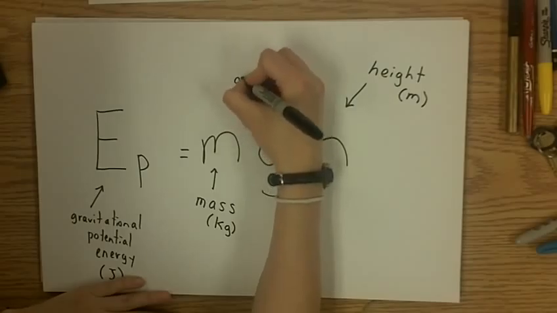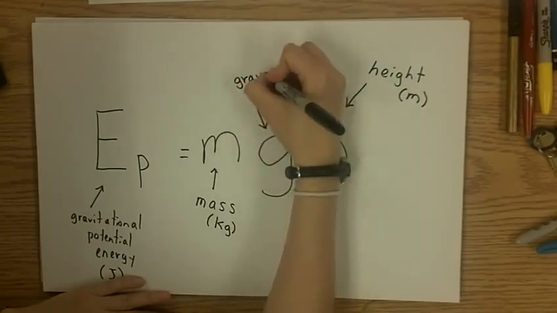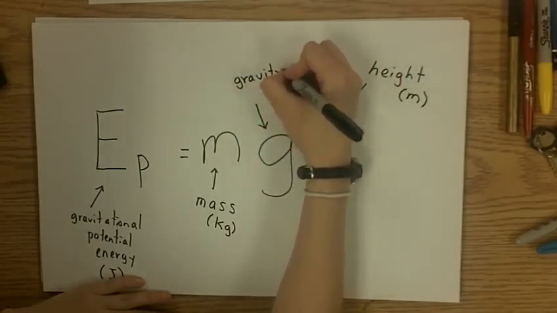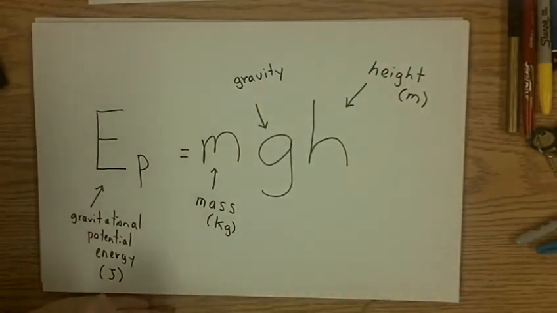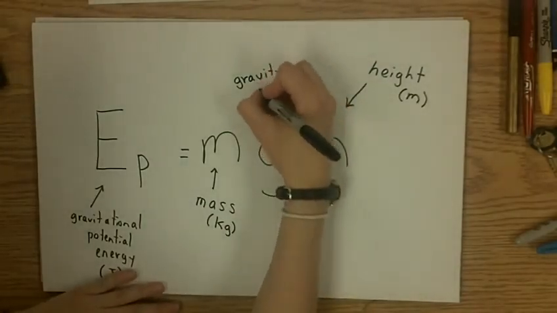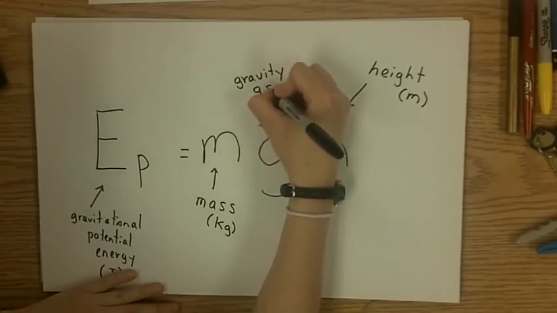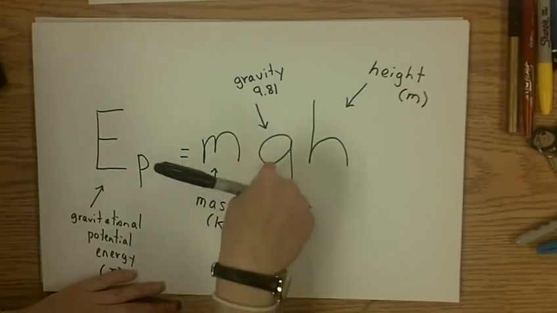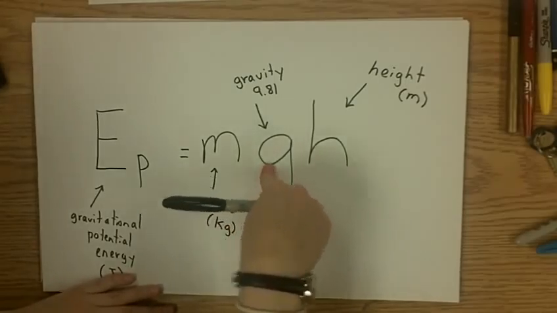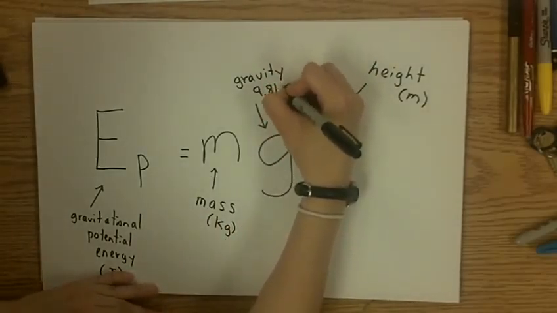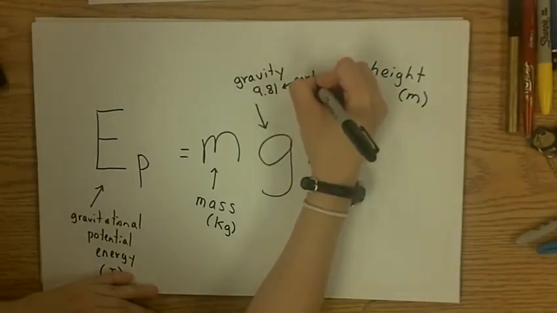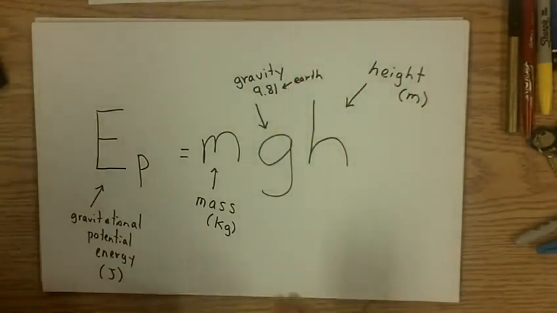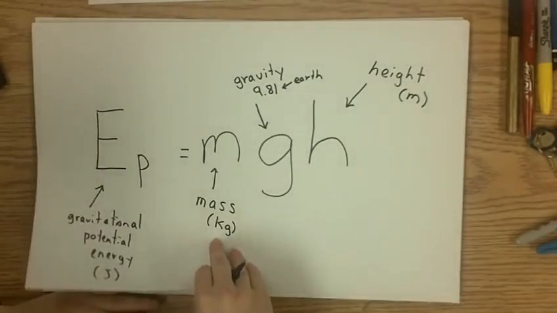So this is the gravitational constant, where we're just going to refer to it as gravity. And Earth's little g, or Earth's gravity, is 9.81. So we will always put a 9.81 in the place of g in the case that we're on the Earth. If we're on another planet, then we have to put a different number in.